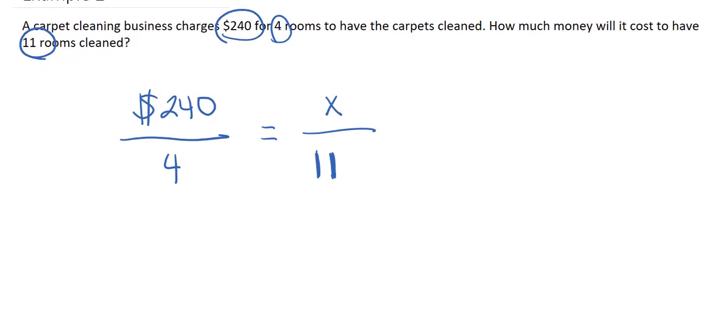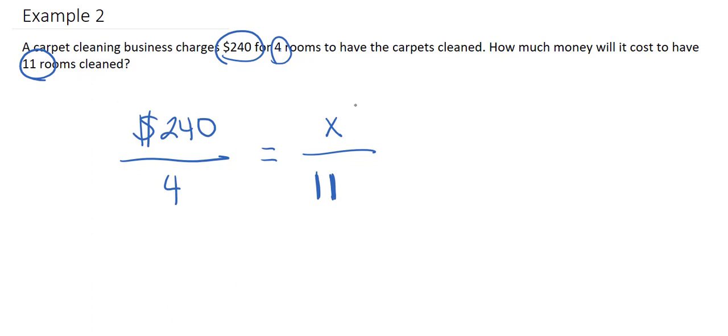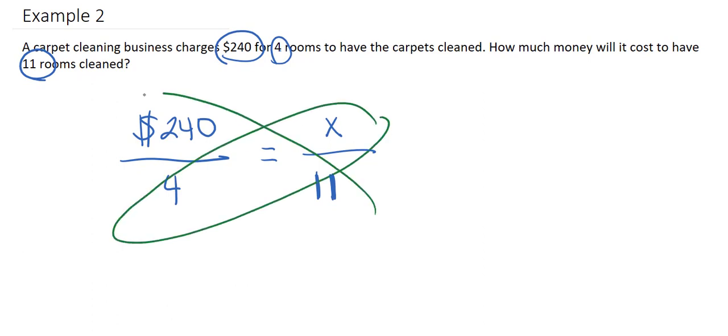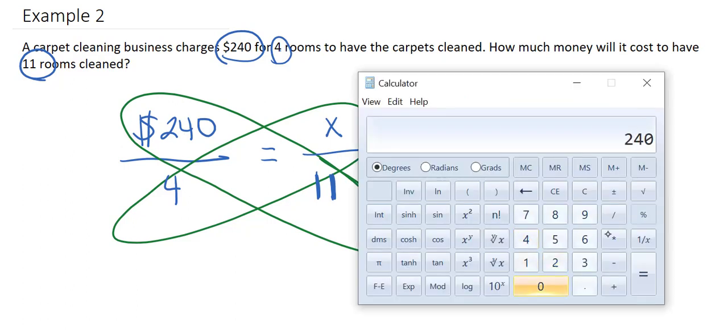And like before, you just multiply across. So we would have 4 times X, so that's 4X. And then we have 11 times 240. So let's get our calculators. Well, we get 2,640.